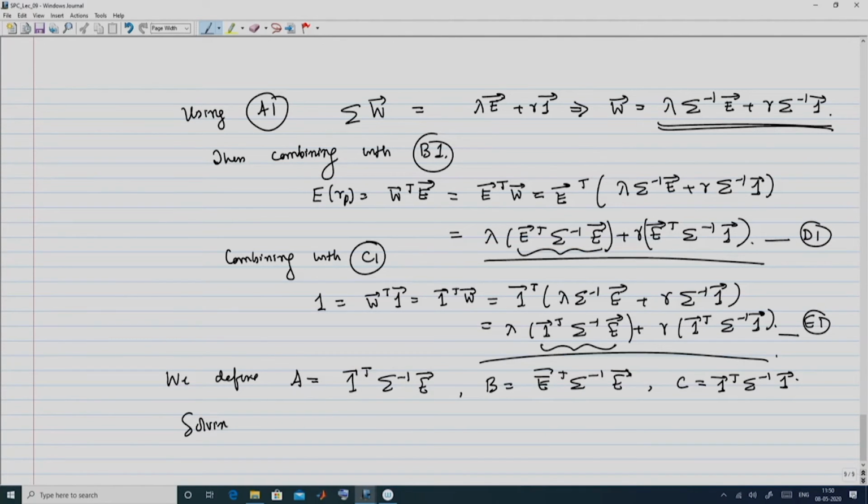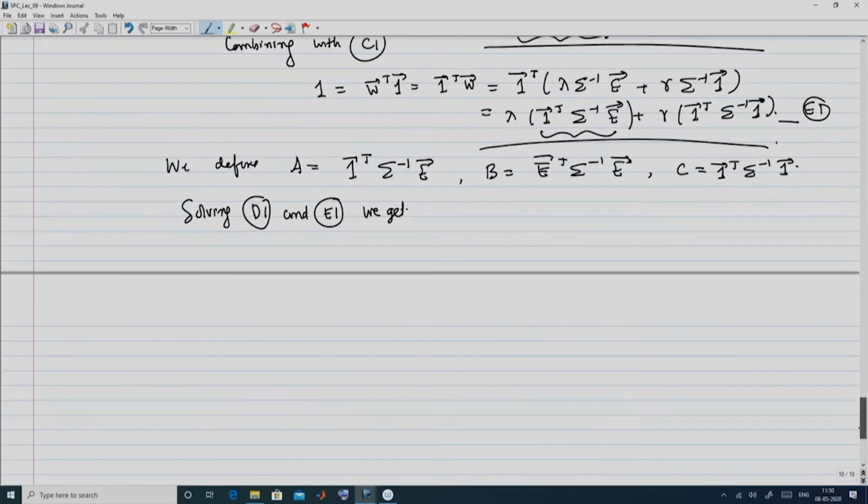So, solving D 1 and E 1, we are solving for lambda and gamma. So, we will get lambda is equal to C into ERP. Remember that this is the C we have defined. Also, there is one more thing I forgot to add, that is I will define D is equal to BC minus A square.